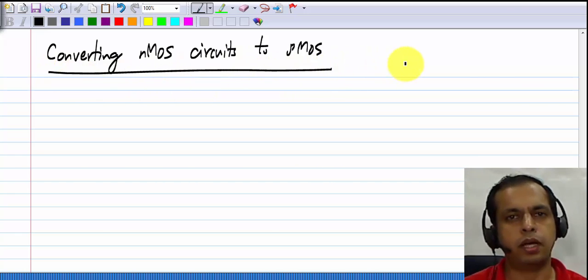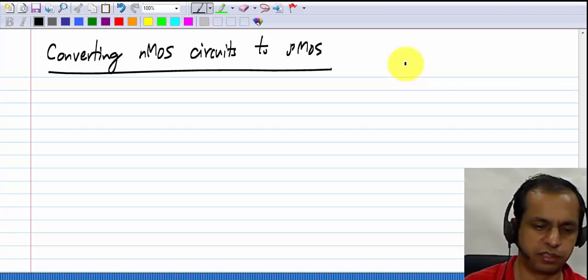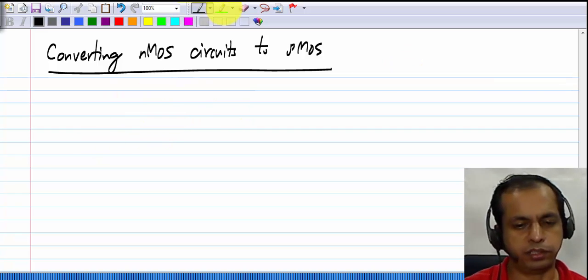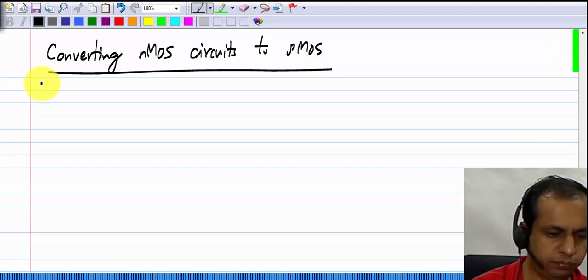I will take the example of common source amplifier with source feedback biasing, but exactly the same principle applies to any other circuit. And by taking this example, we also will have an illustration of another circuit using PMOS transistors.